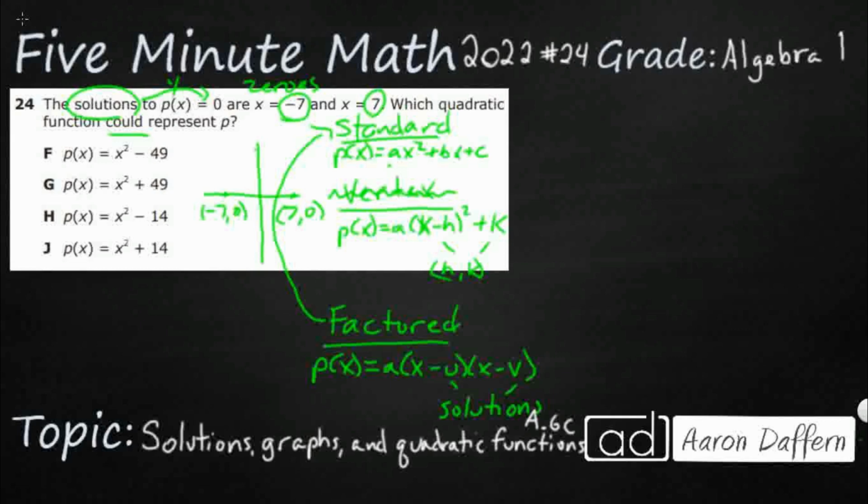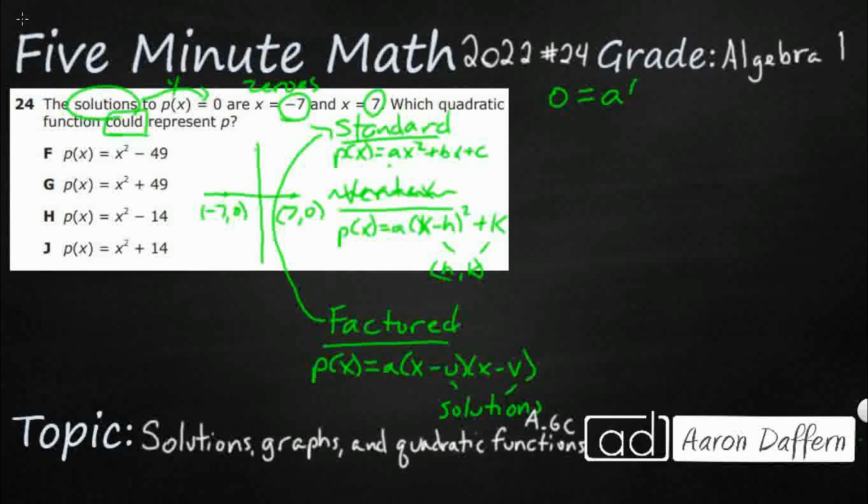So what does that look like? Well, we can substitute in p of x of 0. So we could say instead of p of x, we're going to say 0. We don't know what a is, and we're not going to be able to find out a. That's why it says which function could represent, because we don't have enough information.